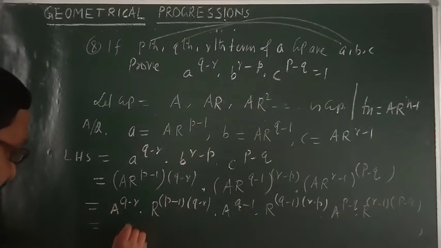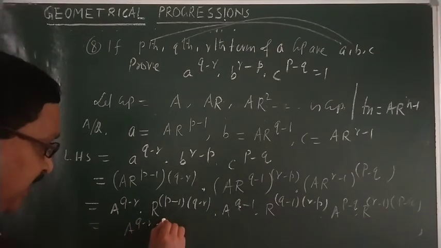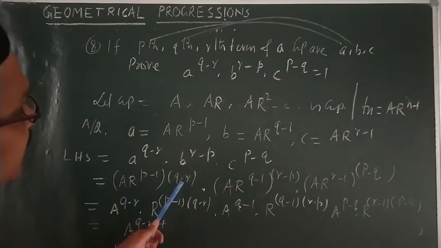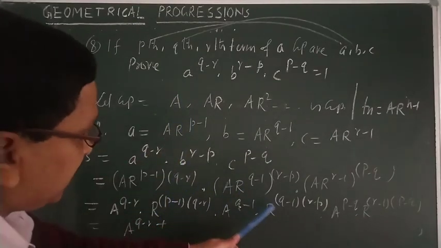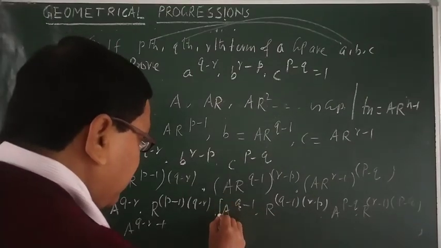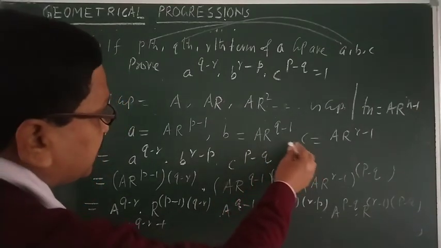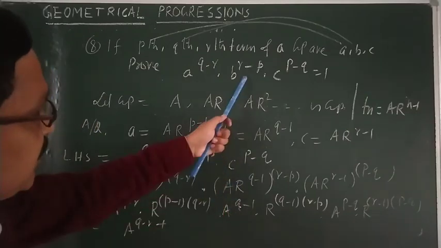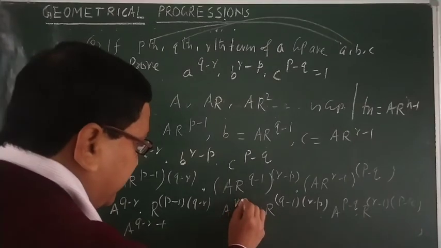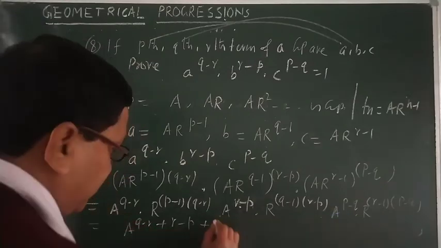Now the powers of A are added: q minus r plus r minus p plus p minus q.